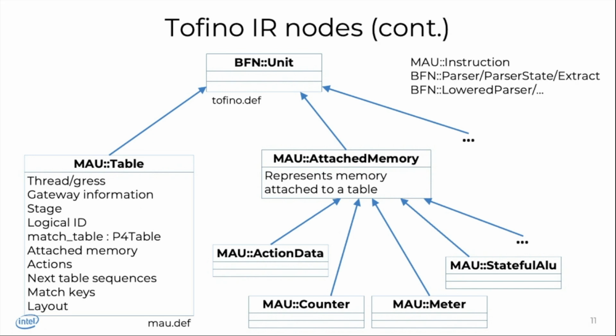And then a couple of other things I'll just quickly mention. We have something called MAU instruction, which is a subclass of BFN primitive. And this is really representing the ALU instructions as opposed to the P4 primitives. We have a set of parser classes. So we've got parser state, and extract.